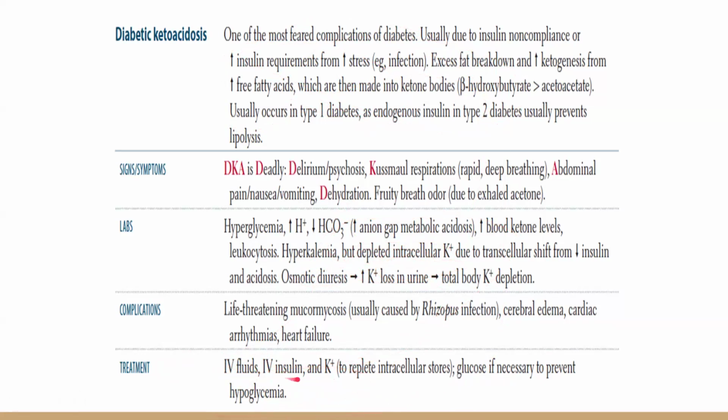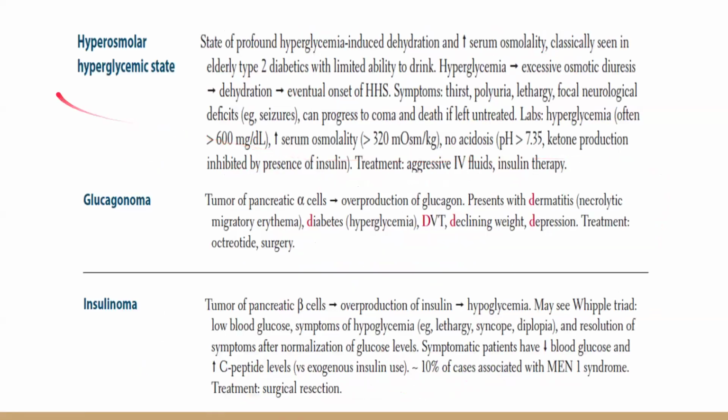For one, you're giving insulin, so there's going to be hypoglycemia, so you give glucose as well. At the same time, glucose has a second function, which is to allow the uptake of potassium. So like I said, associate these together, please. Next, you have hyperosmolar hyperglycemic state.